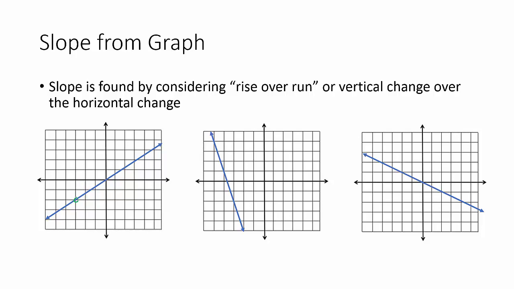I can pick any point on this first graph and any other point on the first graph here. And what you'll see is how far up and over we go from one point to the next will give us the slope. Notice this goes up 2 and over 3.